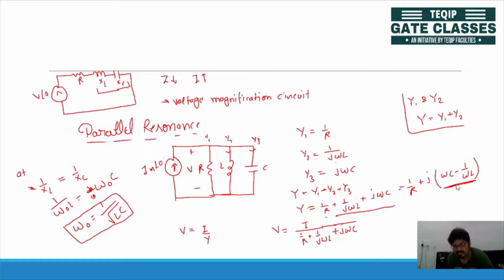Because at resonance this will be 0. This admittance is 0, which means the impedance is infinite, and infinite impedance means this branch will act like an open circuit, and your circuit will be purely resistive. The power factor will be unity. What you can conclude here is that the admittance is minimum, so the impedance will be maximum.